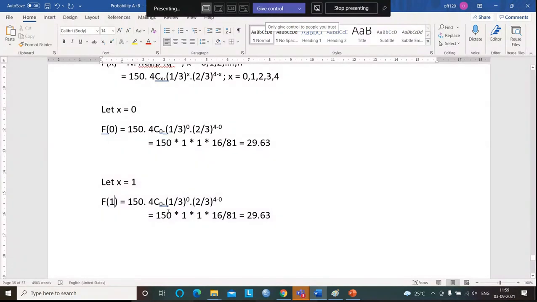Then f of 1 is equal to 150 into 4C1 into (1/3) to the power of 1 into (2/3) to the power of 4 minus 1.